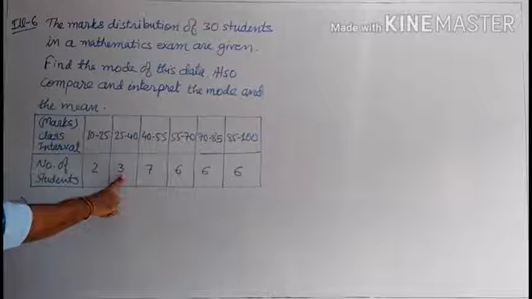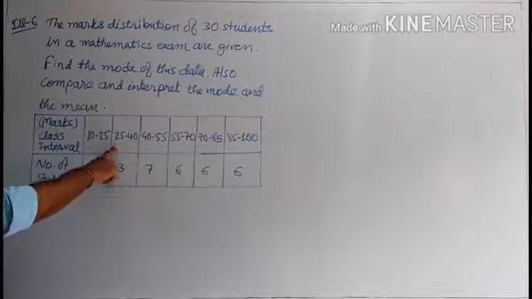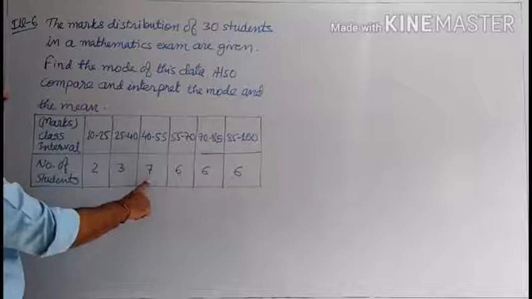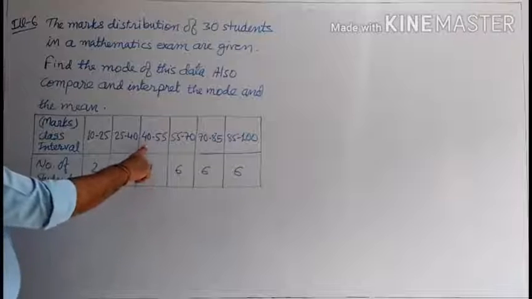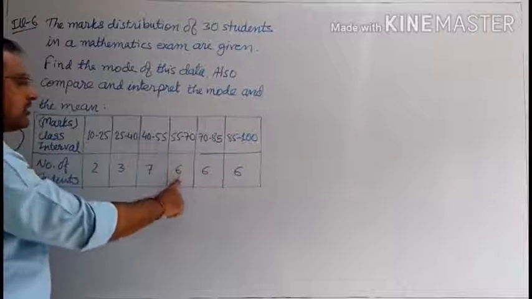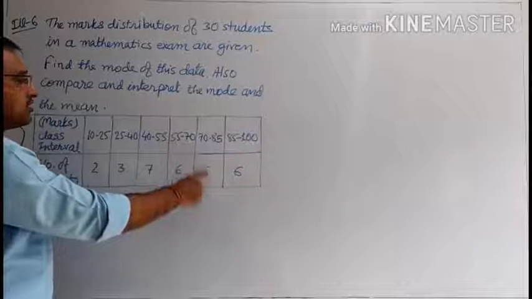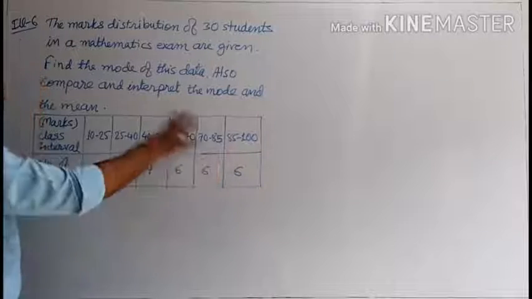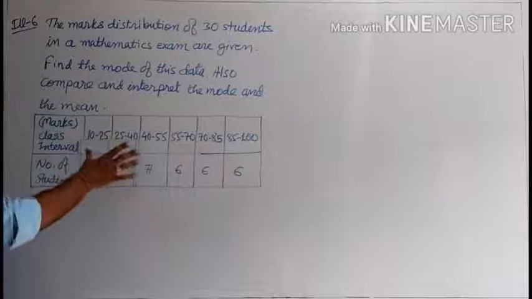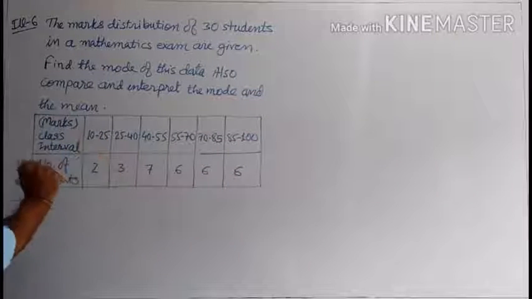There are 3 students who scored 25 or more but less than 40, that is 25 to 40. 7 students scored marks 40 to 55, that is 40 or more but less than 55. Similarly, 6 students in this range, 6 in this range, 6 in this range. So here the marks distribution of 30 students in a mathematics exam is given.